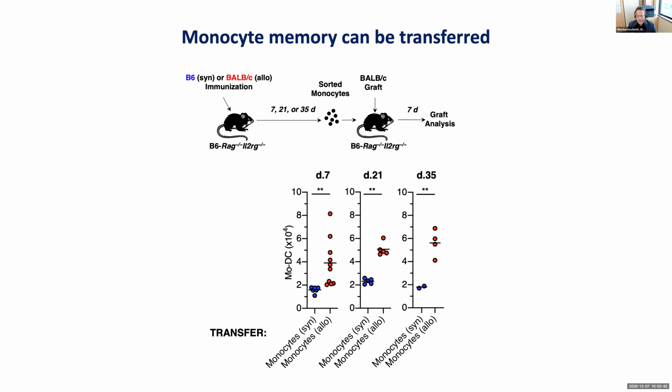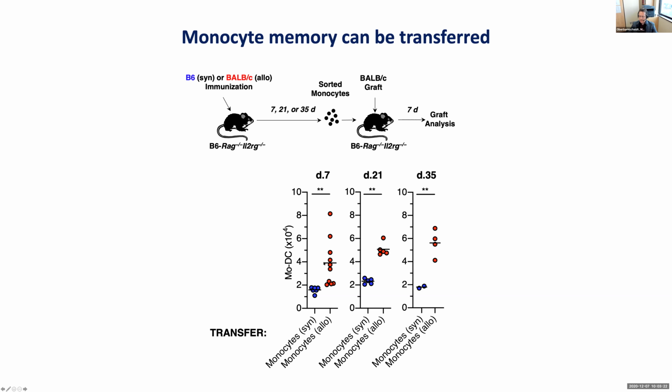To further prove that it is really the monocytes that become memory cells, we did an adoptive transfer experiment. Similar to the previous experiment, we immunized mice with either syngeneic or allogeneic splenocytes, and then came back 7, 21, or 35 days later, sorted the monocytes from the spleen, and adoptively transferred them into a new B6 RAG gamma chain knockout recipient, transplanted the BALB/c bone marrow plug graft, and 7 days later analyzed the graft.